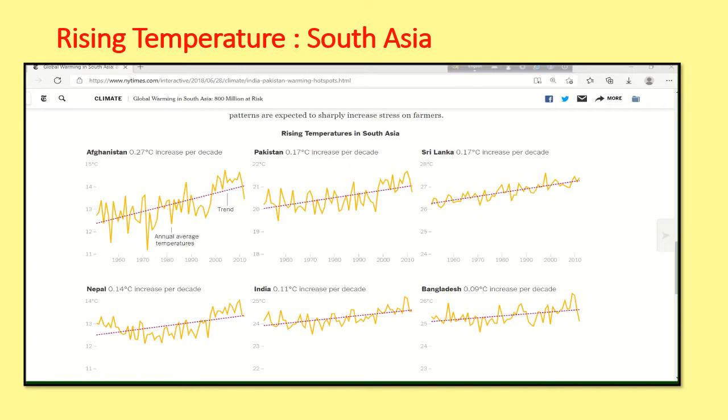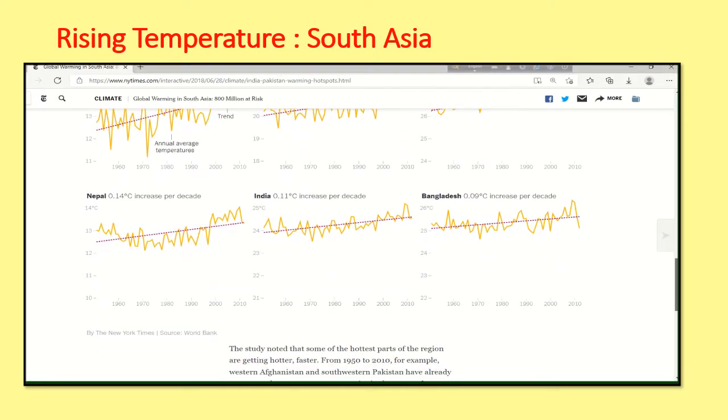In the case of Nepal, it increased 0.14 degrees centigrade per decade. In India, 0.11 degrees centigrade increase per decade, and in Bangladesh 0.19 degrees centigrade increase per decade. So, temperatures of South Asian countries are in an increasing trend.